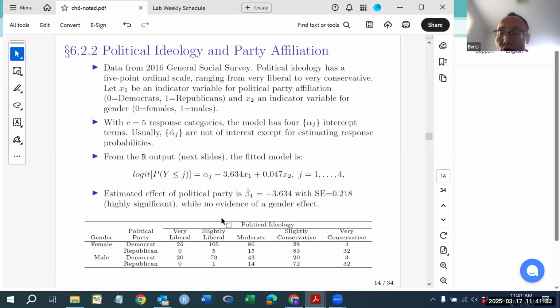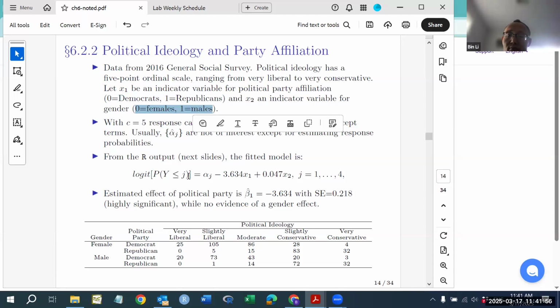And we have two predictors. One is the party affiliation, 0 for Democratic and 1 for Republican. And X2 is gender, 0 female, 1 male. That's this data.